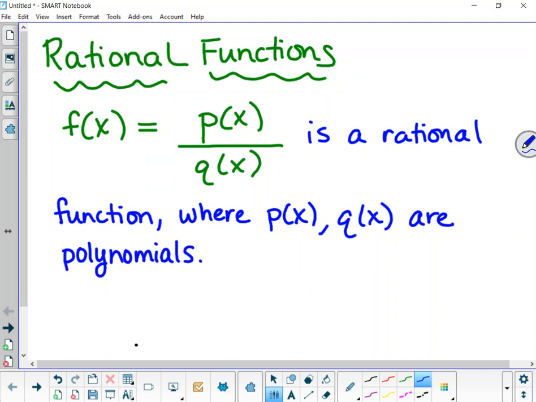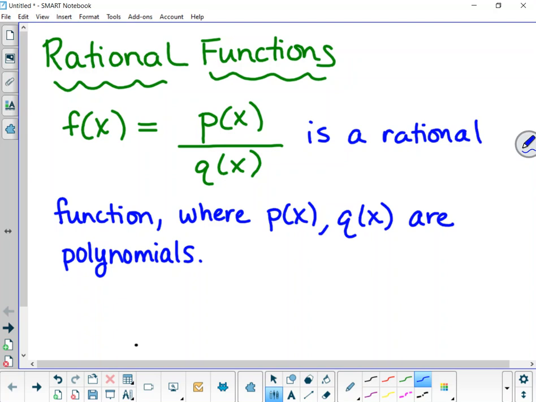You take a couple polynomials, set them up in a fraction or ratio, and you've got a rational function. Rational functions always look scary because they're fractions, and for some reason fractions are super scary for us, and they make some of us sweat.